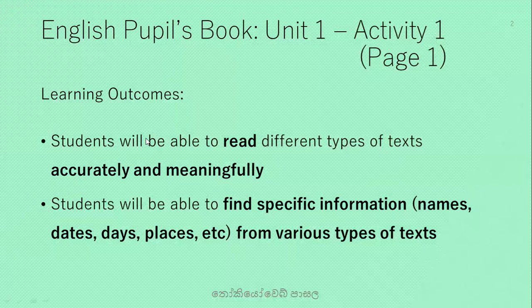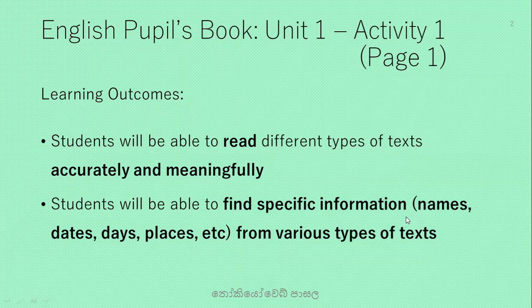So we said that we will learn to read accurately and meaningfully. Yes. So I think 3 of you joined with me to read, and all of you who read, actually you are good. You are reading accurately and you are reading meaningfully, right? And the second learning outcome was to find specific information. That means the informations which are asked from us.